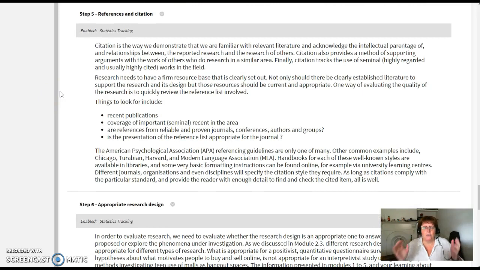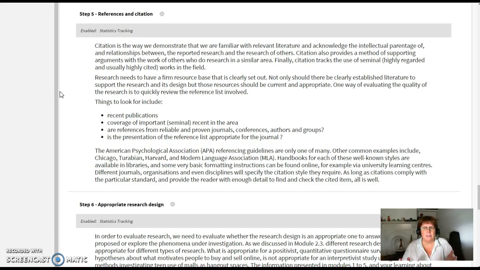And of course then you look for good references and citations. If a piece of research isn't backed up by really good references and the arguments aren't supported by existing knowledge really well, then you've got to start questioning the quality of that research. So that's the idea of references being up to date, being relevant, being from highly reputable authors.